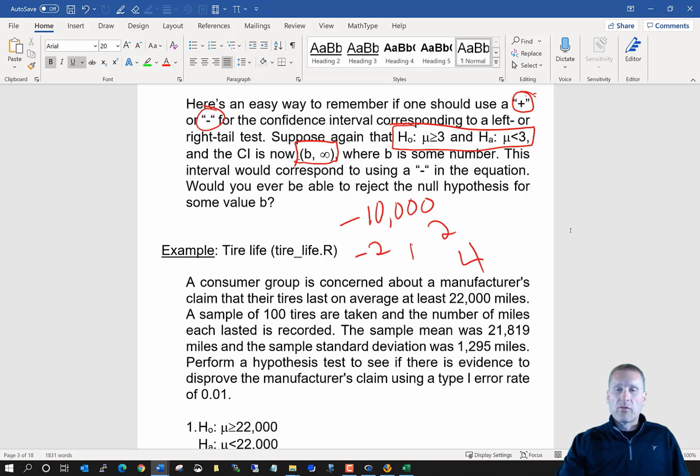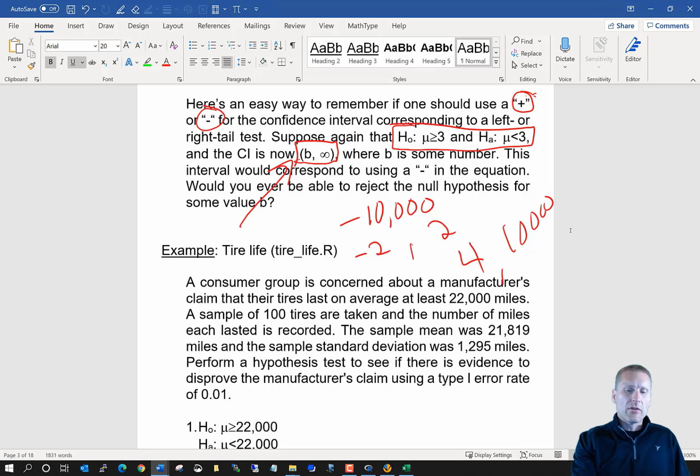Suppose B was 4. Suppose B was positive 10,000. Would we reject? No. So in fact, you would never ever reject H0 if you use this kind of interval where you would take y bar minus the quantile from the t distribution times s divided by square root of n. So if you would never reject, then you must realize then, okay, this is the wrong interval to use.